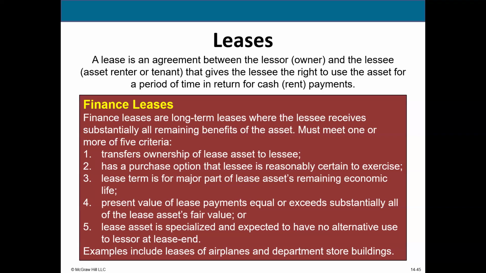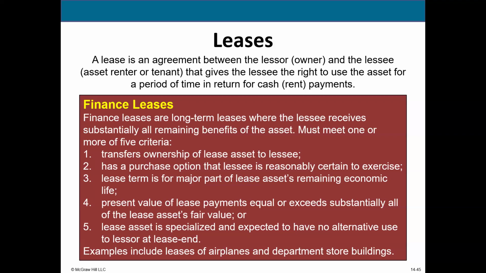The airlines have an option to purchase those airplanes from the manufacturers. And so that constitutes the airplanes as being finance leases. So that is the basis of a finance lease.